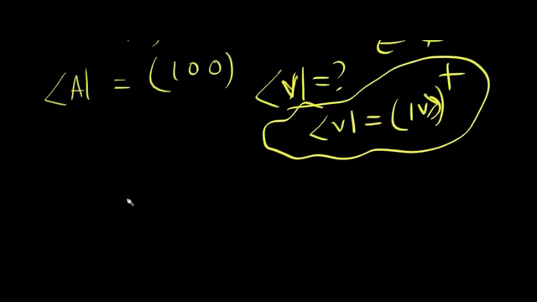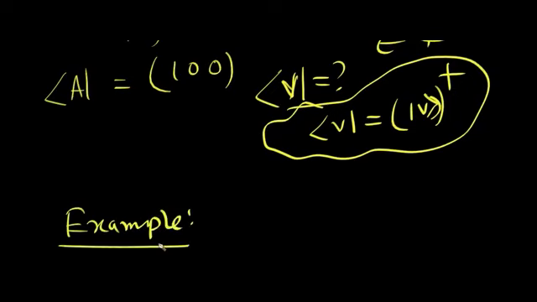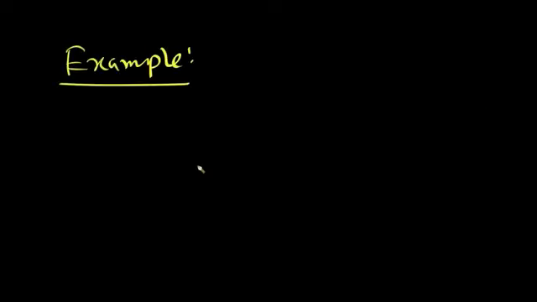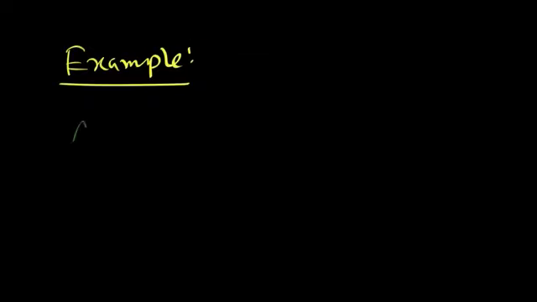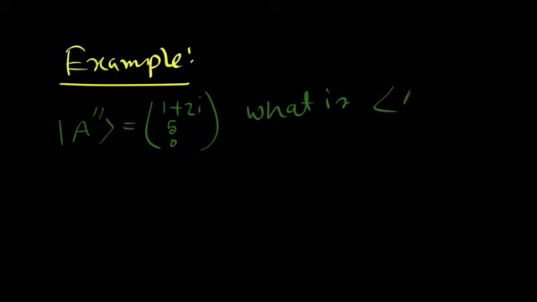So let's take an example. Let's say you have A double prime as 1 plus 2i, 5 and 0. Notice that the first term is complex, and we ask what is the bra of A double prime.